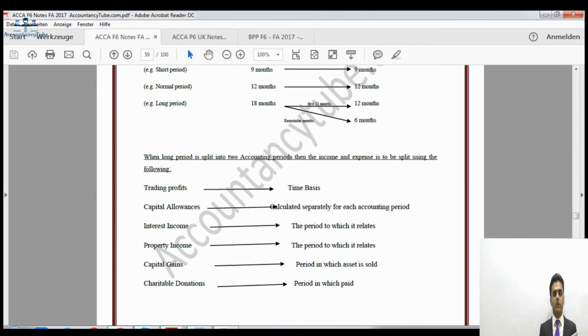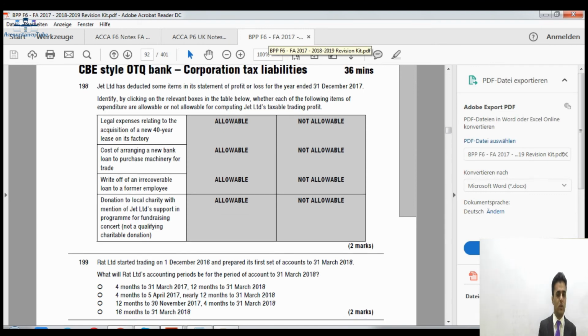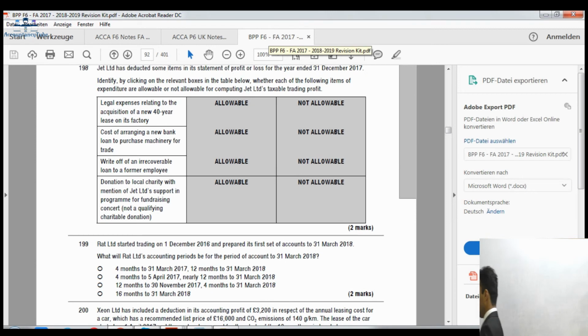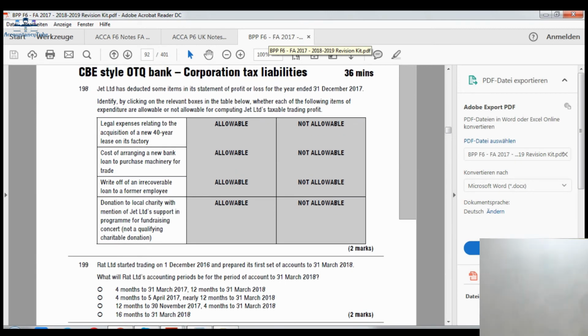All right. Now, just beneath that, when the accounting period is more than 12 months, how can we divide the incomes? Some income might fall in the first accounting period, other income might fall in the second accounting period. So how to apportion that? The information is just given to you below. If it is a trading profit, it will be on a time basis. Capital allowances will be calculated separately for the two accounting periods.